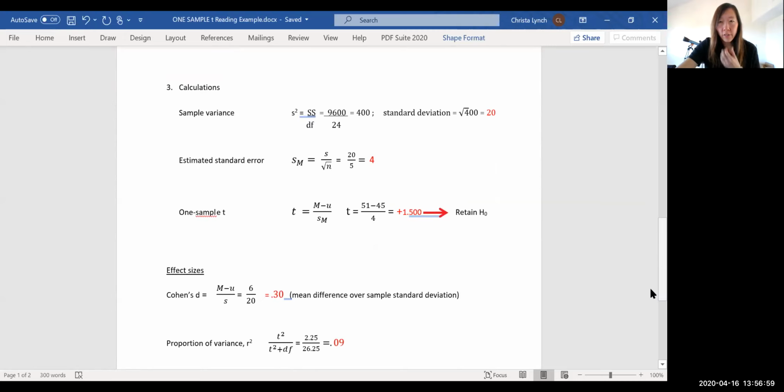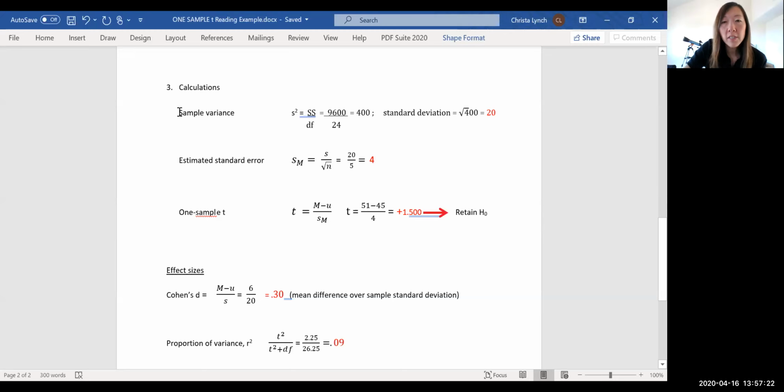Here are my calculations. We are using a sample to calculate our standard deviation. This is stuff that you've already done, or that I showed you a little bit ago. You'll just have different numbers to plug in. We didn't look exactly at sample variance.